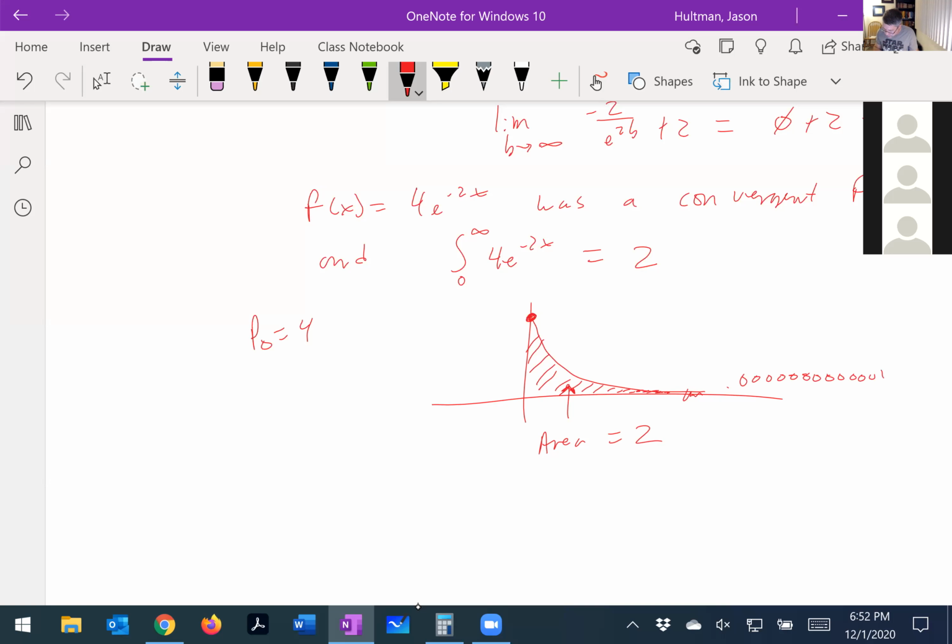As we get further and further here, the difference is so minuscule it doesn't even matter. That's the extra amount that I keep adding on. And when all said and done, it will accumulate to 2.